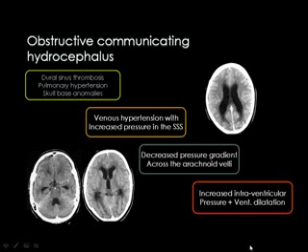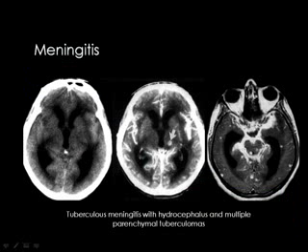The difference is that the obstruction in the subarachnoid space will not affect all the arachnoid villi totally. Then there will be some arachnoid villi working for the drainage of the CSF. Then you will not see ballooning of the fourth ventricle in obstructive communicating hydrocephalus, but in cases of atresia, you will see ballooning of the fourth and ballooning of the third as well.